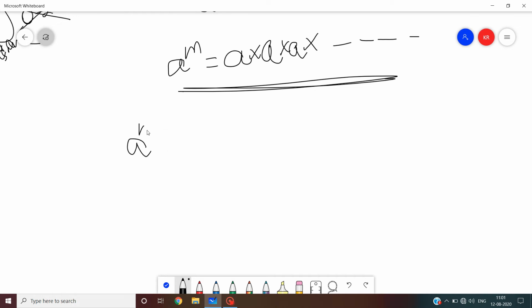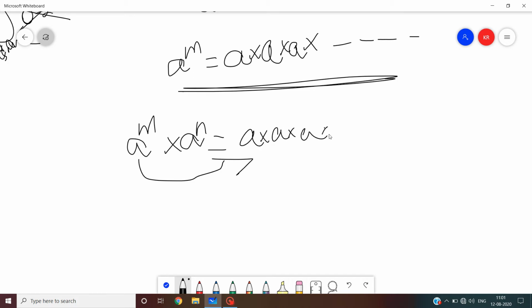What if I have two terms like a power m into a power n? What result does this give? Let's expand. A to the power of m means I am multiplying a for m times.